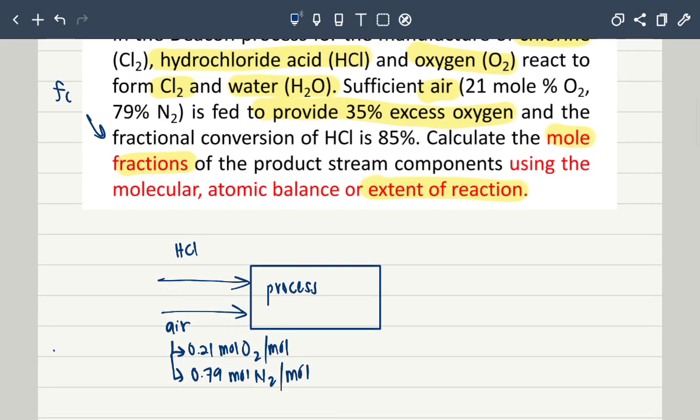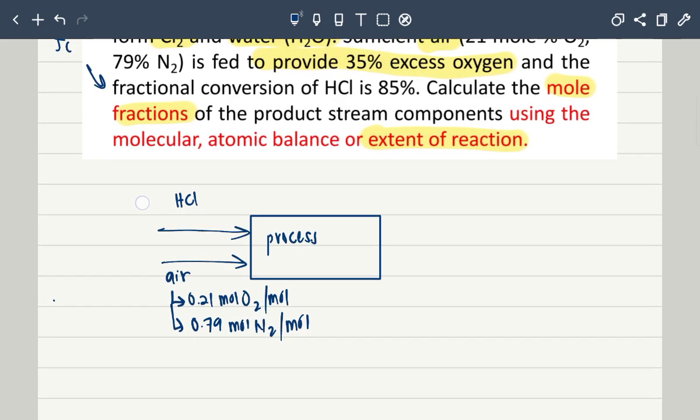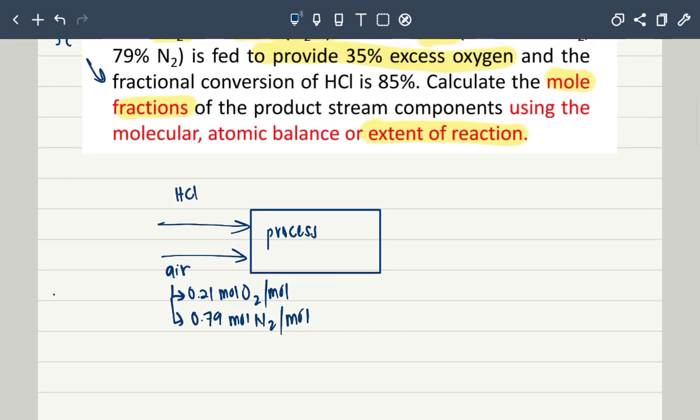If the question does not give it, it will say sufficient air, or tell you the air input in the feed is about what. If it gives, for example, 0.21 air, then we multiply 0.21 times 0.21. Even though the question never tells us the composition of the air, which is O2 and N2, you need to understand and memorize it. And then it says it is fed to provide 35% excess oxygen.